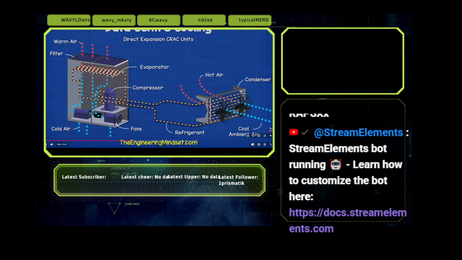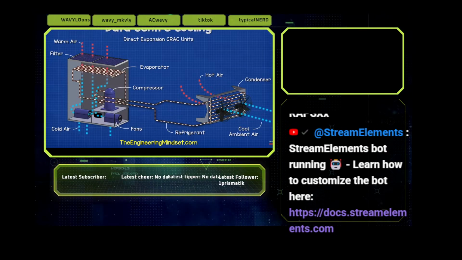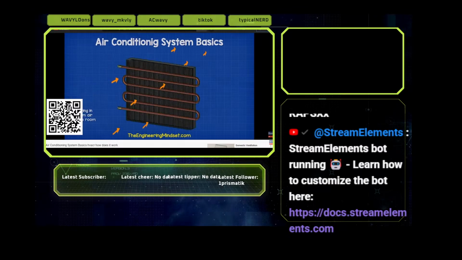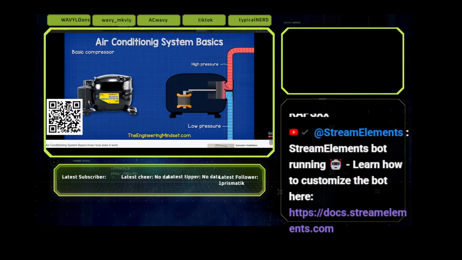The refrigerant then returns to collect more thermal energy. By the way, we have covered the basics of refrigeration systems in detail previously. I'll leave a link for you in the video description down below to learn more.